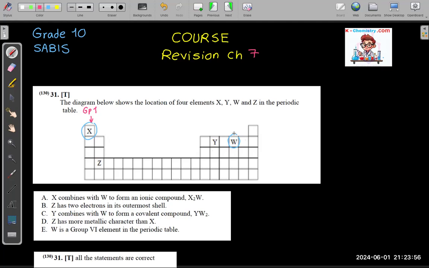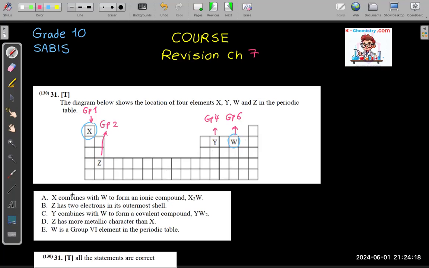And which group is W? 1, 2, 3, 4, 5, 6. So group number 6. Y is group 4, and Z is group 2.